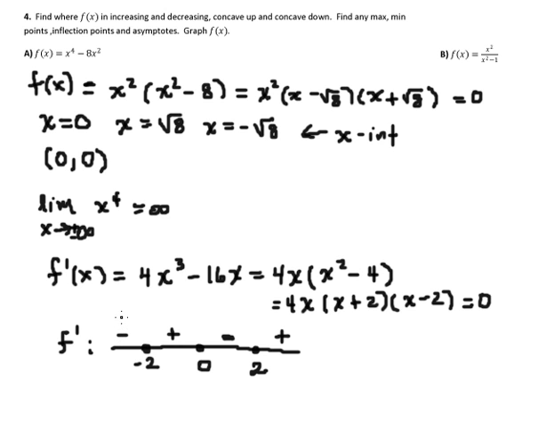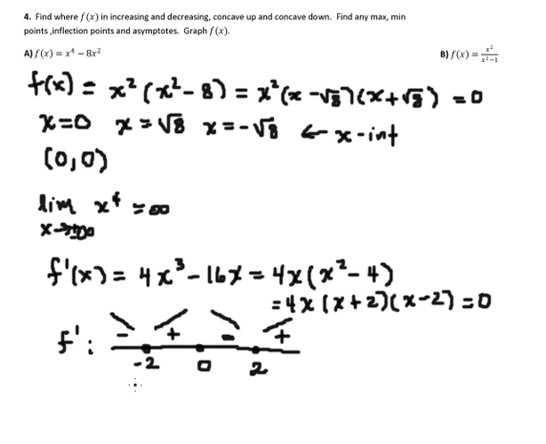So that means that our function f is decreasing between minus infinity and minus 2, increasing from minus 2 to 0, decreasing from 0 to 2, and increasing to the right of 2.